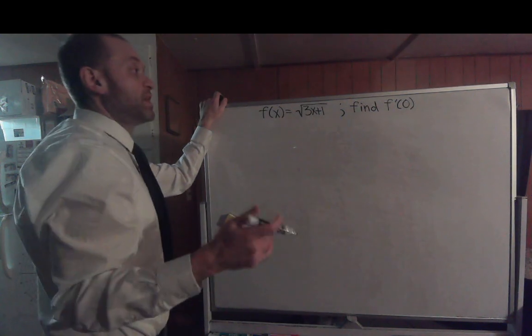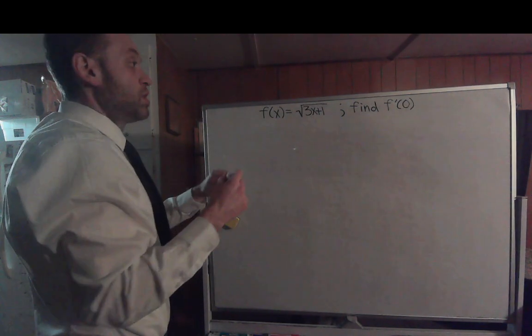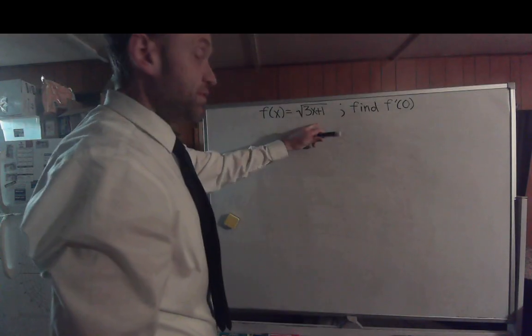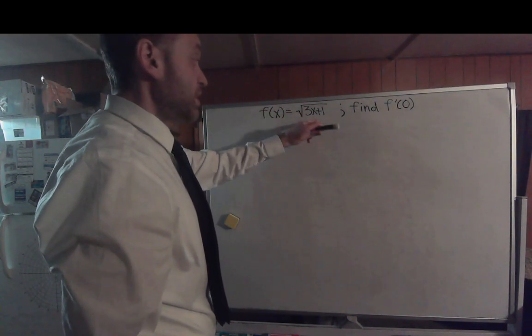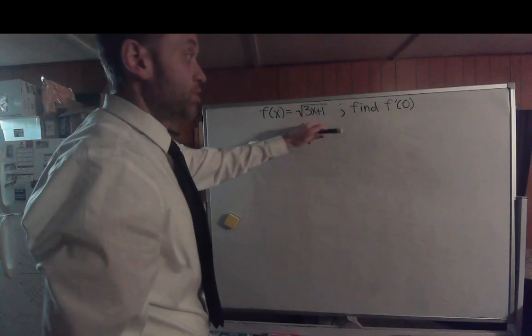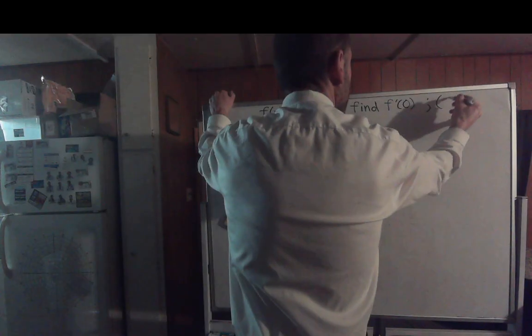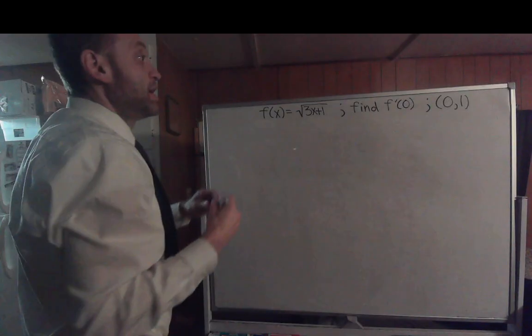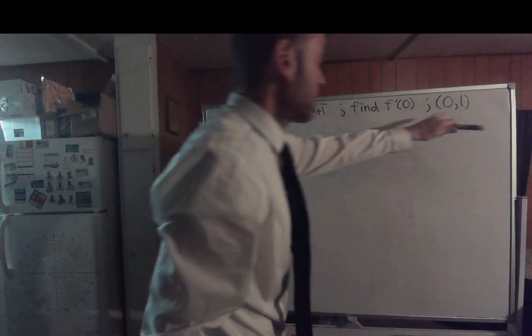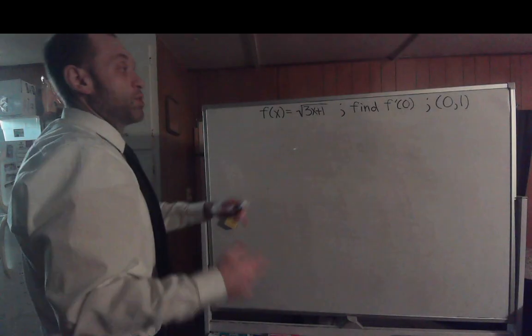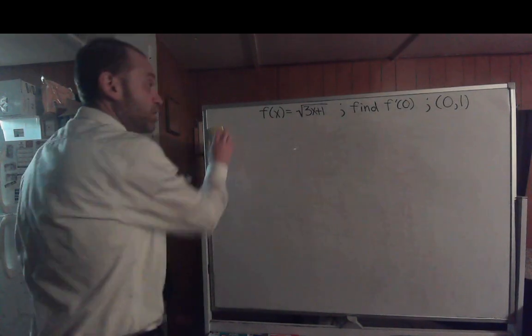Well, first we need to find f of 0 itself. You put in 0 for x, you would get the square root of 0 plus 1, which is 1. So this is going to be at the point (0, 1) on the curve. Now that we've identified the y-coordinate for x equals 0, let's go ahead and find f prime of 0.